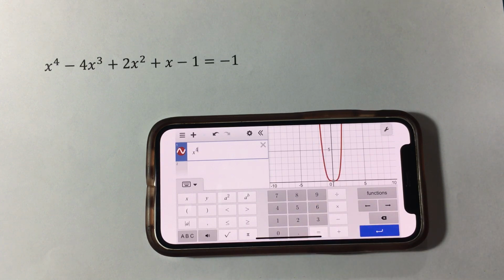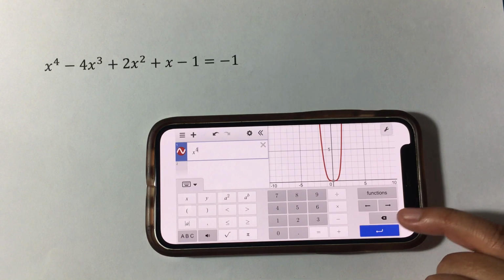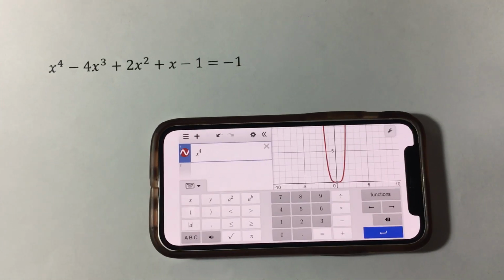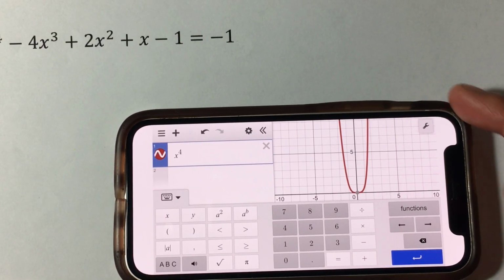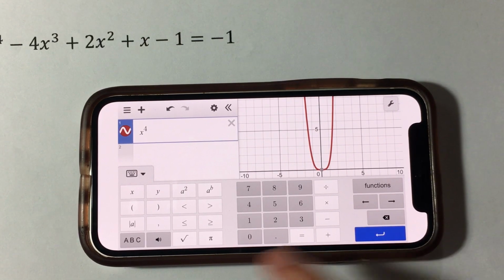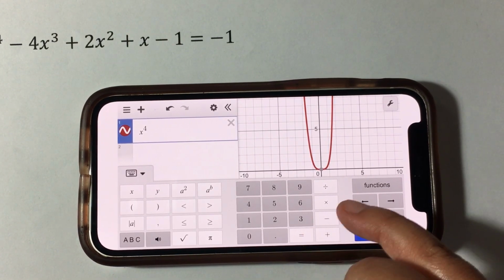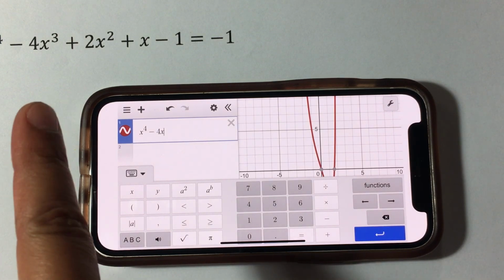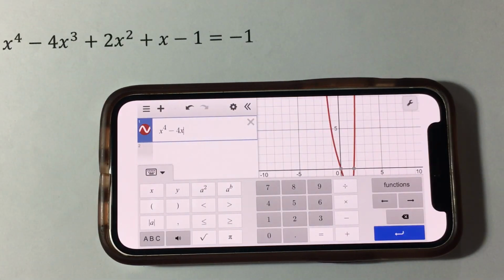So we press the 4. Then it has minus. We're going to use these arrows going to the front to make it bigger because it's still in the exponent mode, okay? And so after that, it's minus 4x. And then again, it's an exponent, exponent 3.